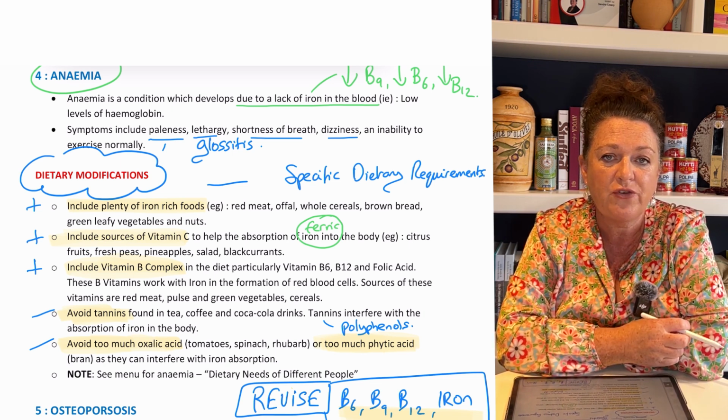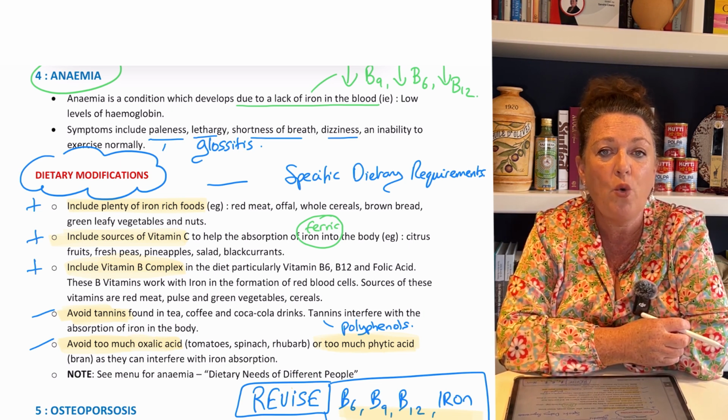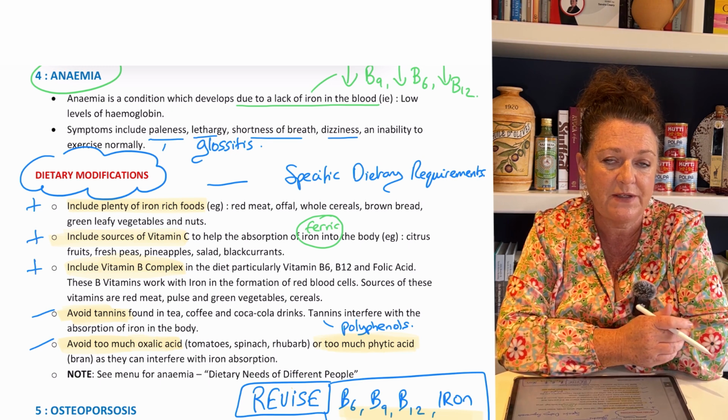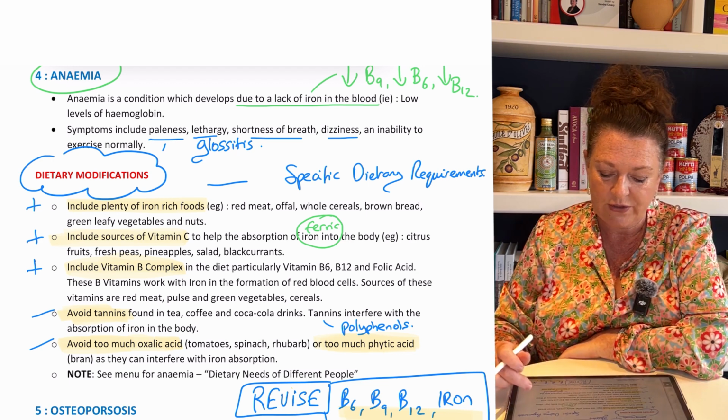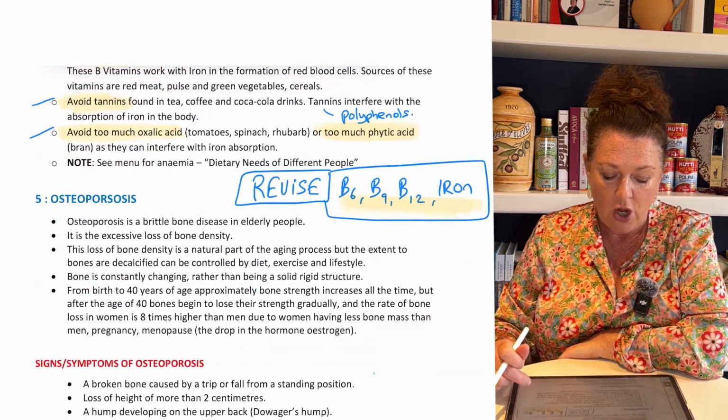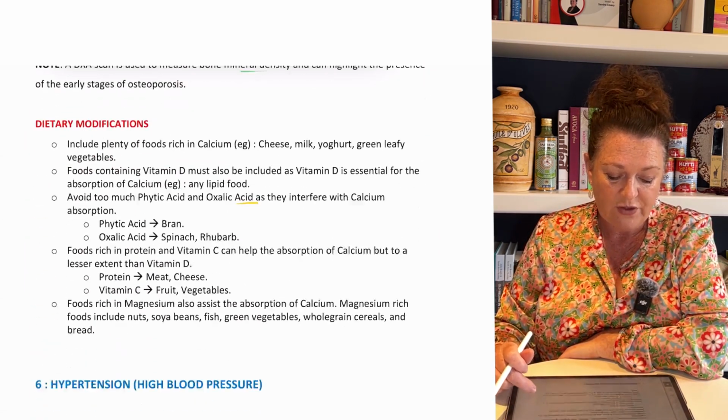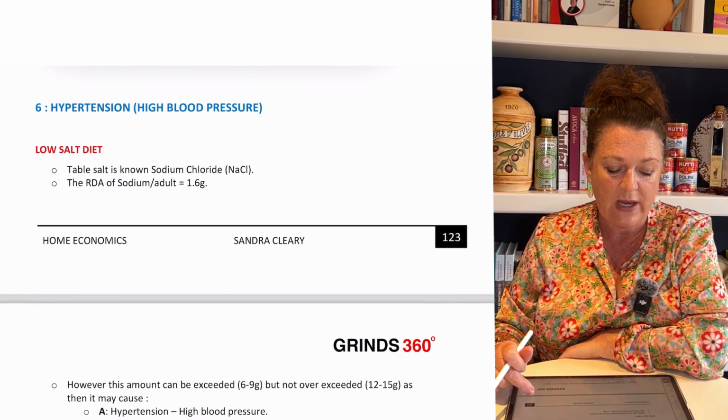And just a reminder there, vitamin B12 cobalamin has not been asked since 2009, which is 16 years ago, on question 1B. Right, we have osteoporosis covered in another lesson.